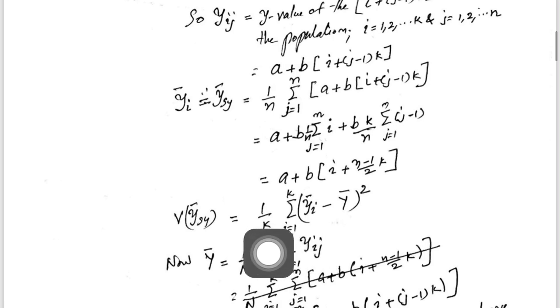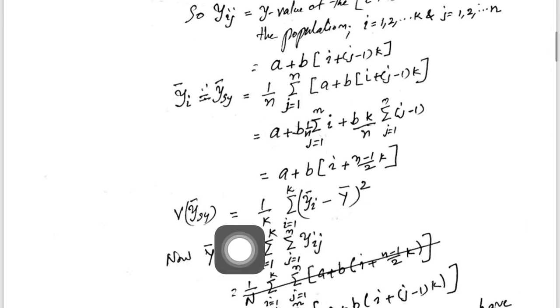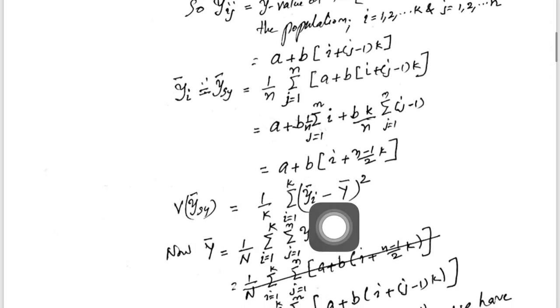Variance, by definition for the systematic sample mean, is 1/k times the sum over i equal to 1 to k of (y_i bar minus Y bar) the whole square. This formula we have already proved. In order to find this variance, you first require how to compute capital Y bar.